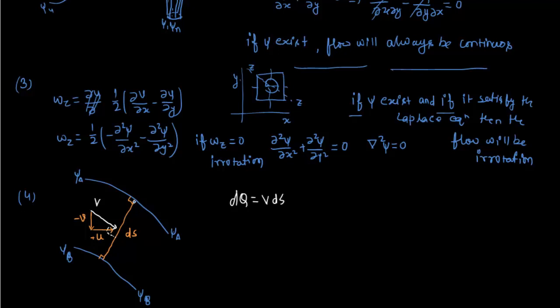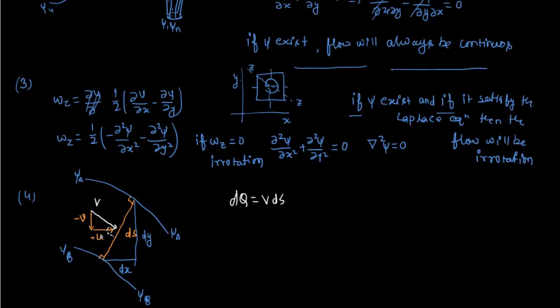Sorry, the line is not straight, but no problem. So this component we can say is dy, and this component is dx.